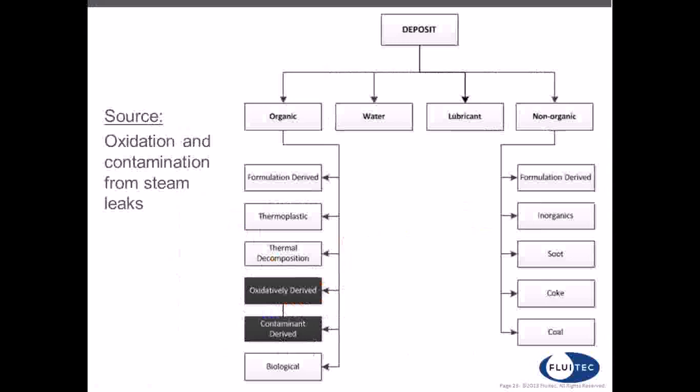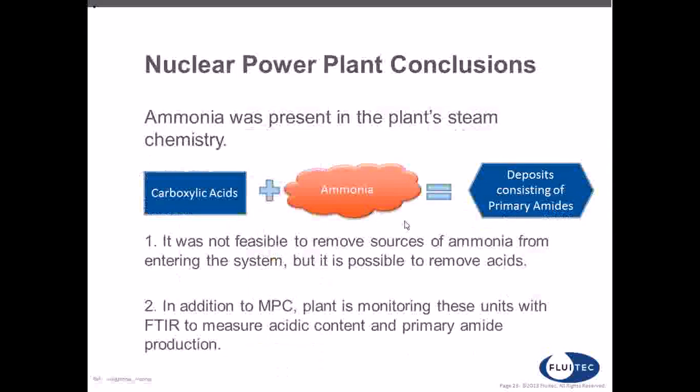This was the first time we had seen this reaction creating these primary amides. Since then we've seen this in many different scenarios, not only in steam turbines due to steam chemistry, but also in compressor applications, certainly compressors that are compressing ammonia that could accidentally get into the oil as well.